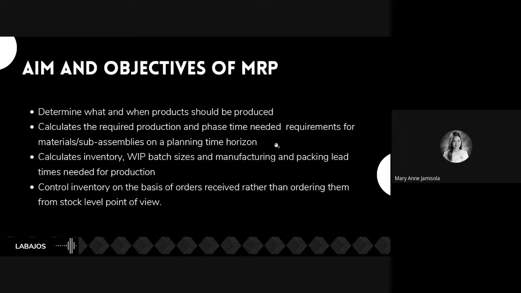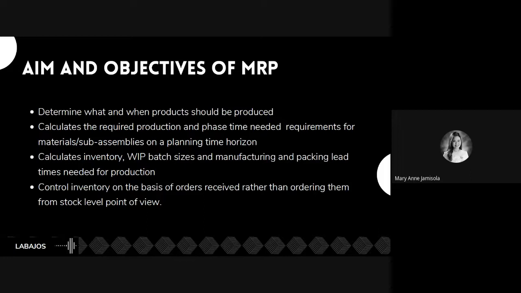So the aim and objectives of MRP are the following: to determine what and when products should be produced, to calculate the required production and phase time needed requirements for materials or sub-assemblies on a planning time horizon.